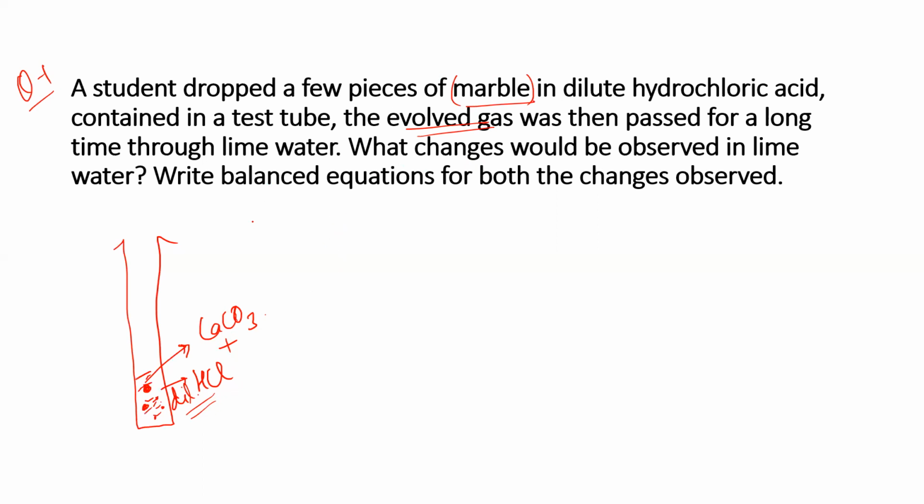So calcium carbonate reacts with dilute HCl and a gas is evolved. So we'll see a reaction first. Calcium carbonate is reacting with dilute HCl. So we know that here we have +2 charge and here the charge is -2, +1 and -1 charge. So this calcium combines with chloride, so we'll get calcium chloride.